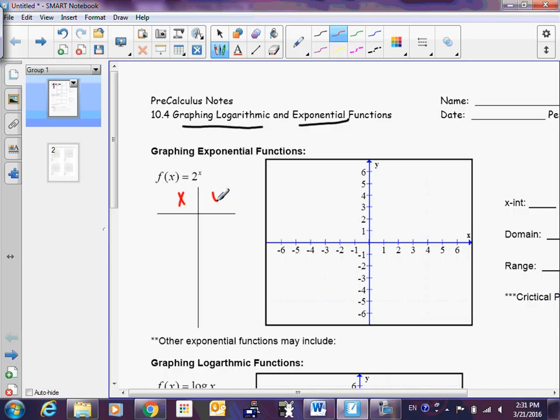So let's make a t-chart here, and let's use some negative numbers and some positive numbers. So -2, -1, 0, 1, and 2. And we're going to do this without a calculator. So what is 2 to the -2? What is that the same as? 1/4. So we are going to plot the point -2, 1/4.